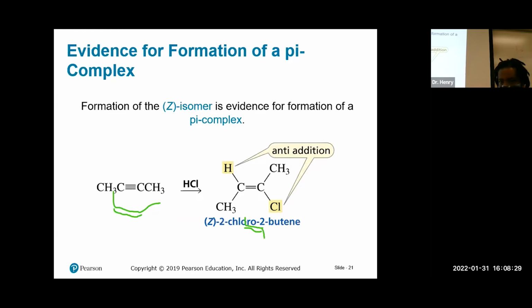Okay. So, evidence for the formation of the pi complex. This is basically providing us with that evidence. So in other words, this is going to form that initial pi complex, right? And that pi complex is then going to act as an intermediate.